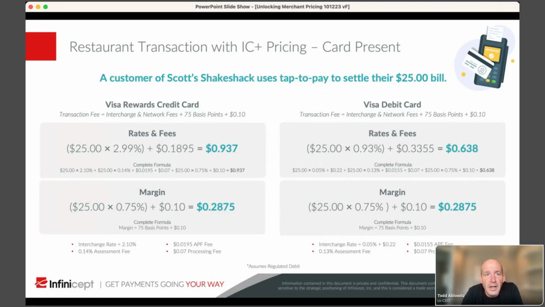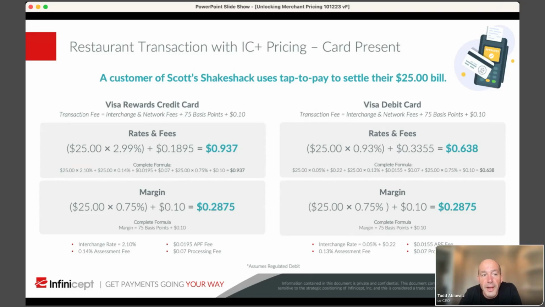The interchange rate on a Visa Rewards credit card that is swiped at a restaurant is 2.1%. So if you take the $25 times the 2.1% interchange, and then you take that same $25 times 0.14% for the assessment and 1.95 cents for the network fee, 7 cents for the processing costs, and then the margin of 75 basis points and 10 cents, you're going to get to 93.7 cents.